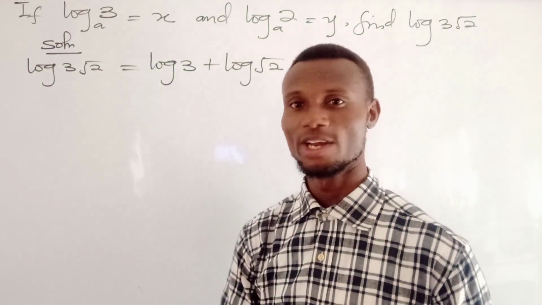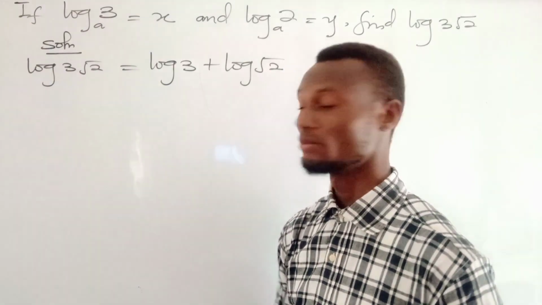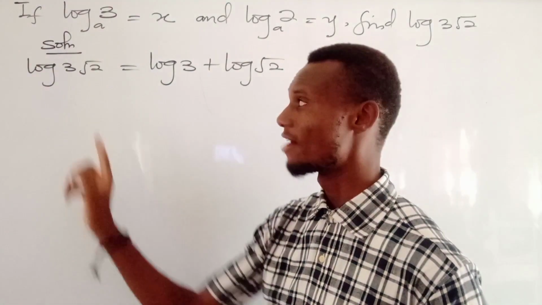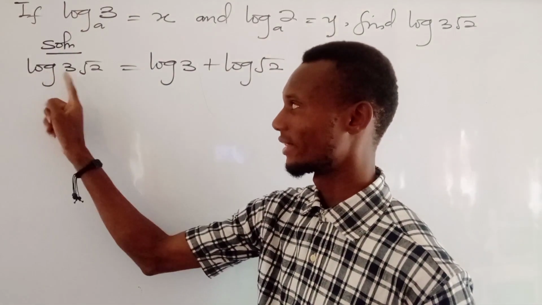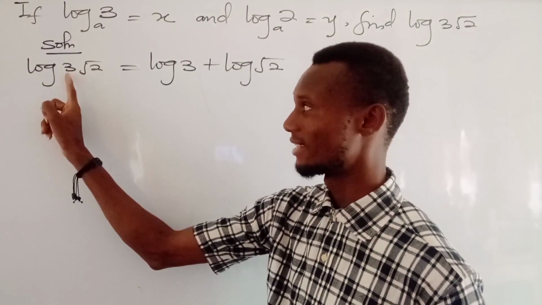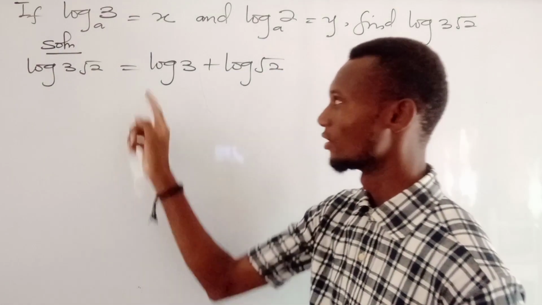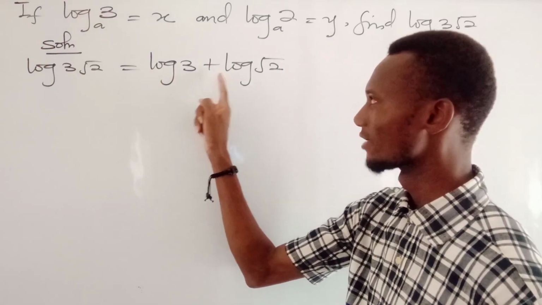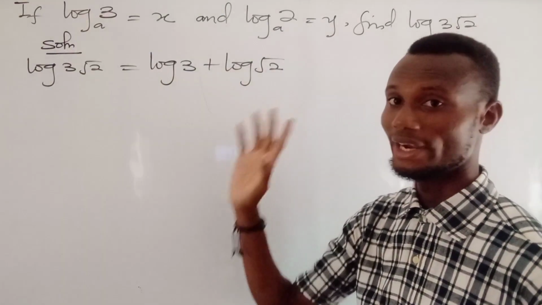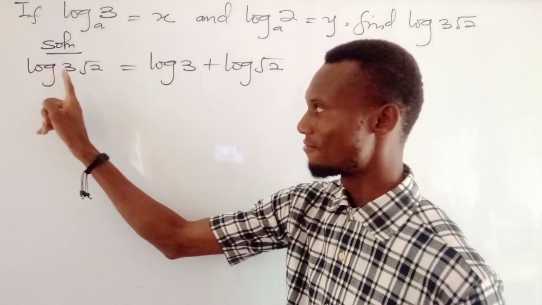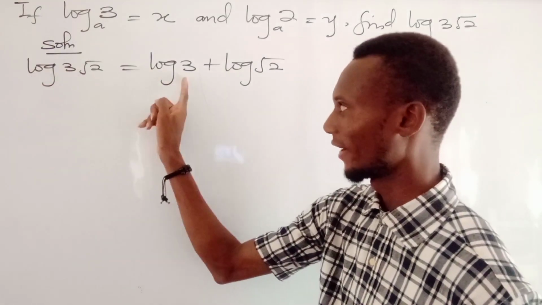One of the laws of logarithm makes us understand that when we have something like log 3 root 2, seeing that the 3 and the root 2 are multiplying, we can write it as log 3 plus log of root 2. The log affects the 3, so we write log 3.